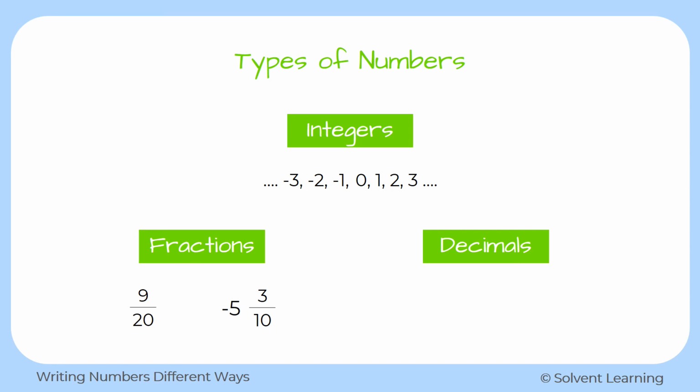And then we have decimals. Here we have 0.835, or we can read it as 835 thousandths. And then we have the number 24.7, or we can read it as 24 and 7/10. So in this lesson, we're going to take a look at these different numbers and see how we can change them around and write them in different ways.